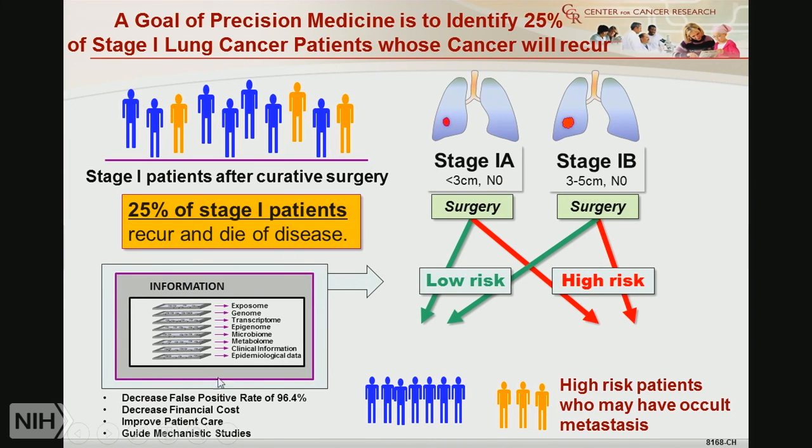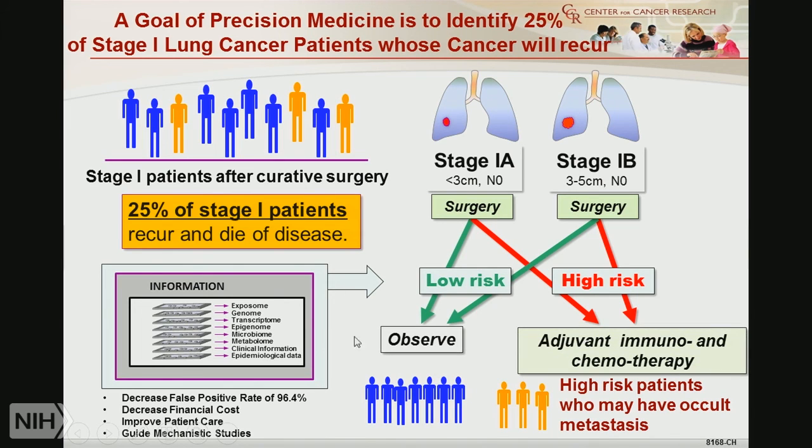So the hope, and our objective, is to use precision medicine to decrease false positive rate, reduce financial cost, improve patient care, and guide mechanistic studies. And one of the questions is, in these high-risk people who now don't get any kind of adjuvant therapy, will immunotherapy and/or chemotherapy improve their risk of recurrence?